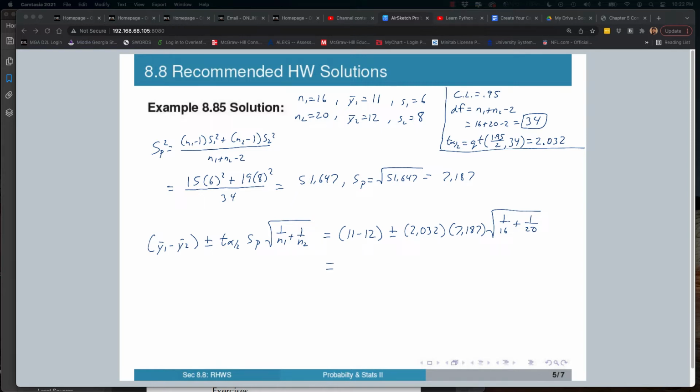And this gives us a -1 plus or minus. Multiply all that out after the plus or minus, and we should get 4.9.